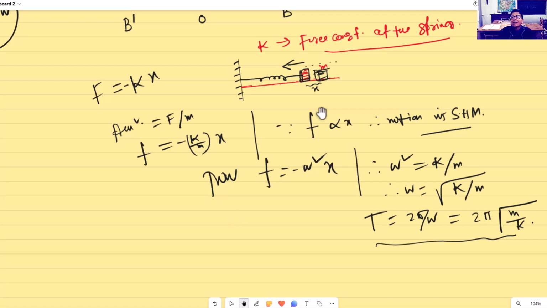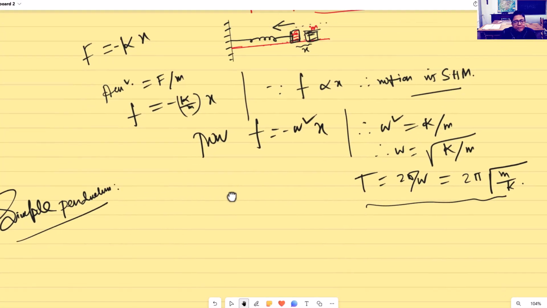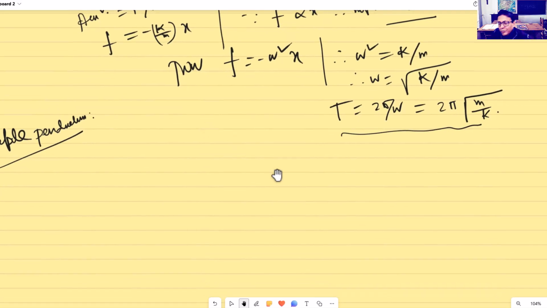Now, we can consider the second example, the motion of a simple pendulum. Will it perform SHM? This is also going to perform SHM. How to prove it?